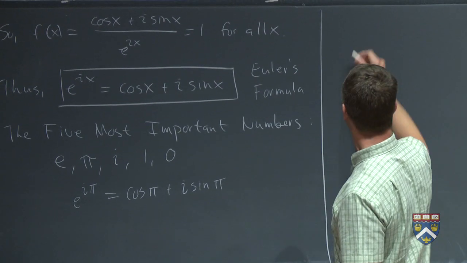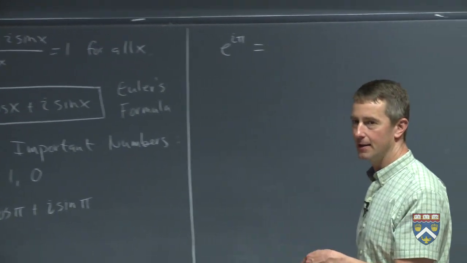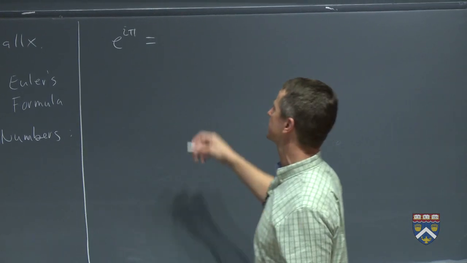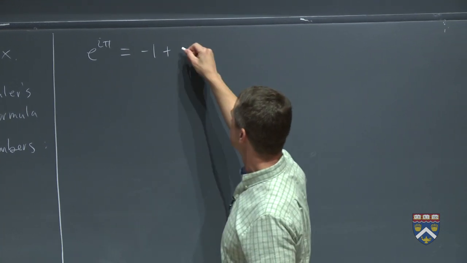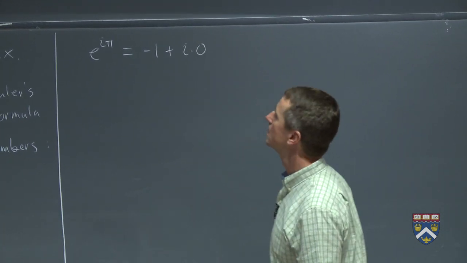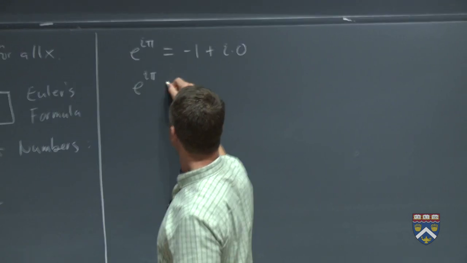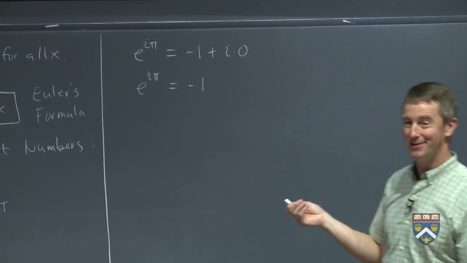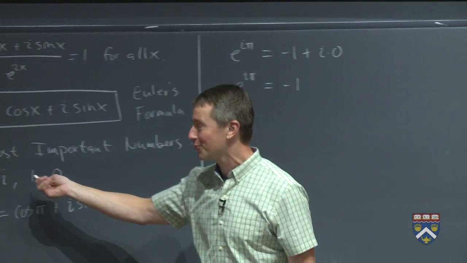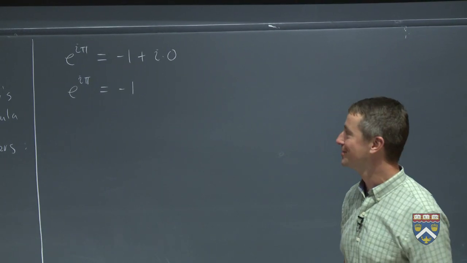Now let's figure out what that means. So e to the i pi, cosine of pi, we're way off on the other side of the unit circle, that's -1, plus i sine of pi is 0. So this says that e to the i pi equals -1. That's an equation that has 4 of your 5 numbers all in one without any other numbers.